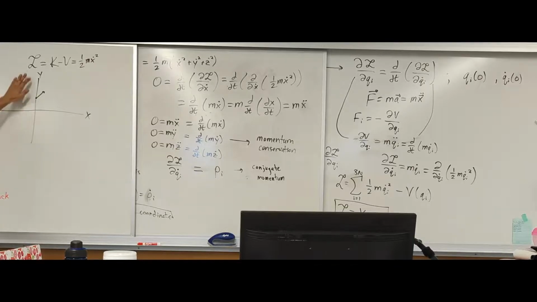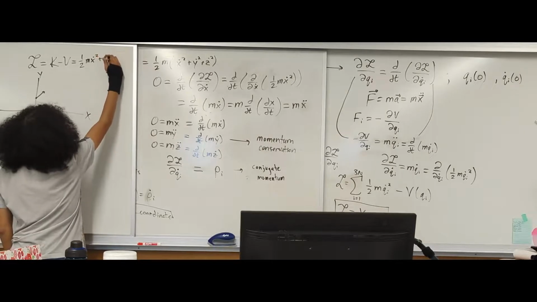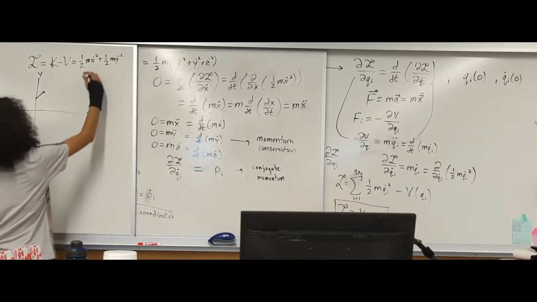So remember, the Lagrangian is a scalar, so it's going to include everything, right? It's not like a vector where you have different quantities that correspond to different directions. So the total kinetic energy is 1/2 m x dot squared plus 1/2 m y dot squared. And then the potential energy is mgy.